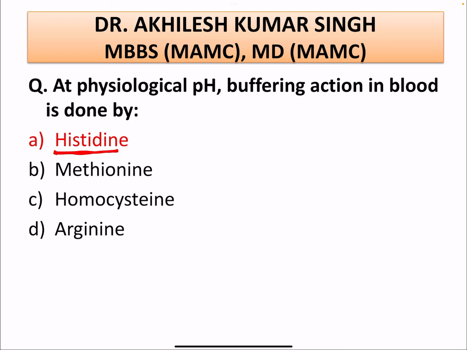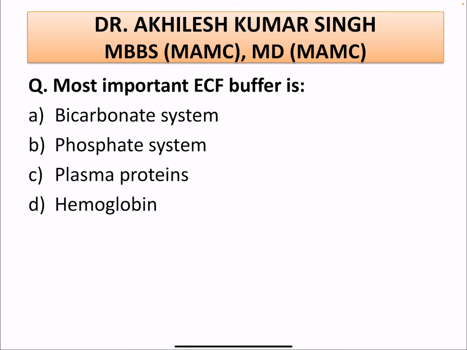This histidine is present in hemoglobin, and it provides the buffering action of hemoglobin and RBC. So for the buffering action in the blood, out of these amino acids, the correct answer is histidine.